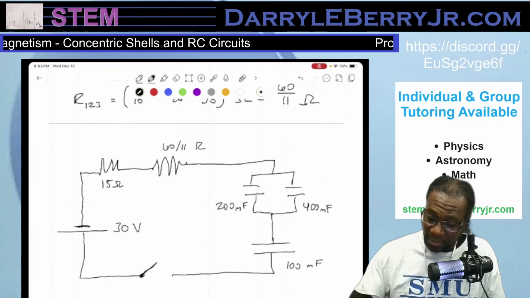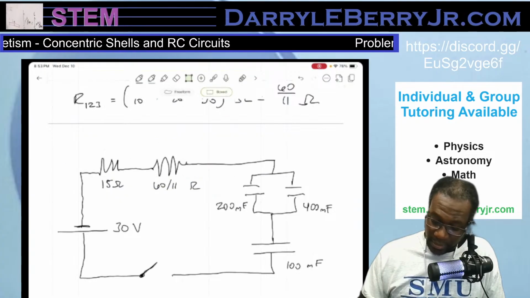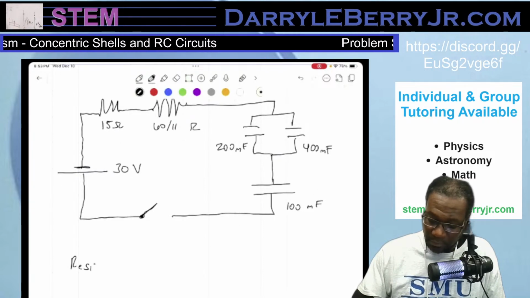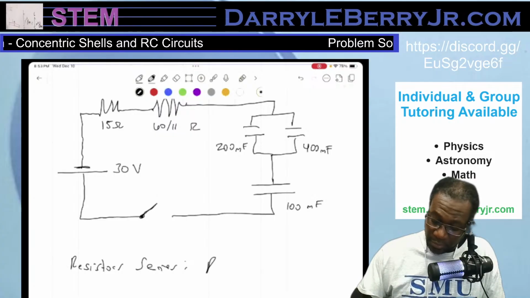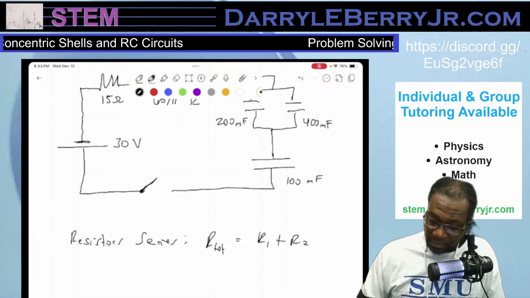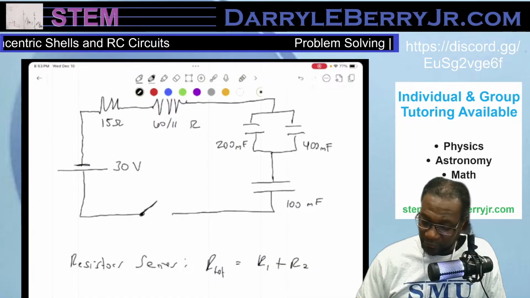Now what I need to do is combine these. And when you have resistors in a circuit in series, the R total is just going to be R1 plus R2. So, what is that fraction going to be?